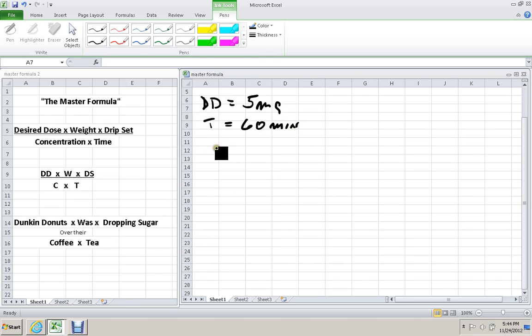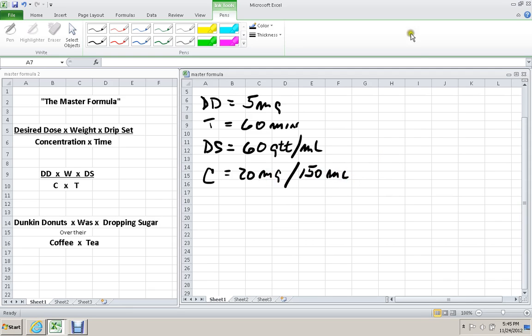The drop set is equal to 60 drops per ml. And the concentration in this case is equal to, we were told to mix 20 milligrams in 150 mLs.